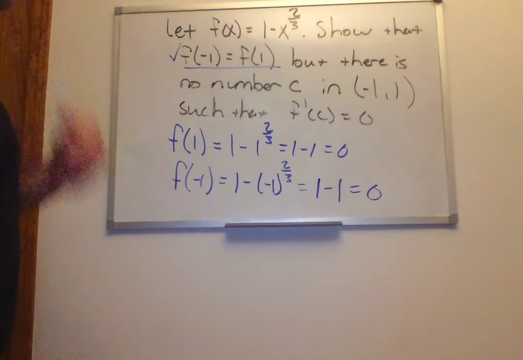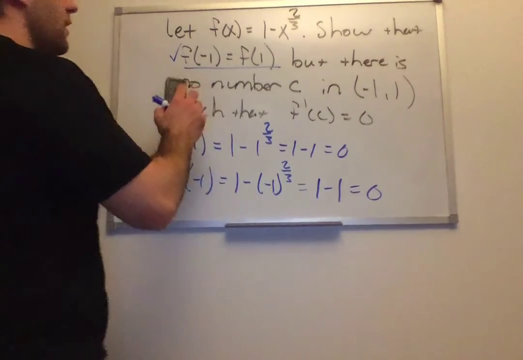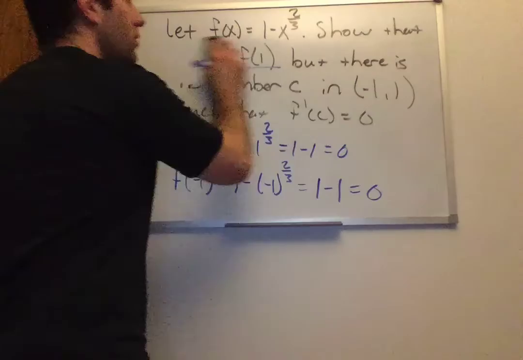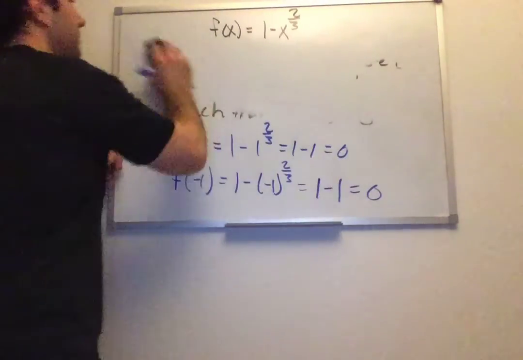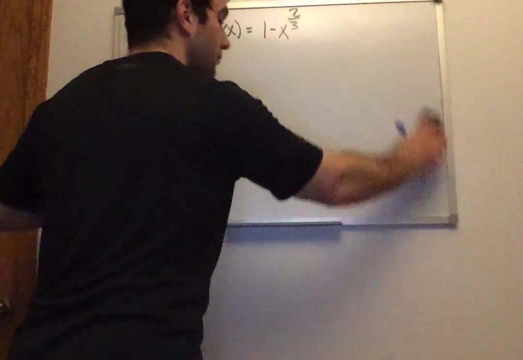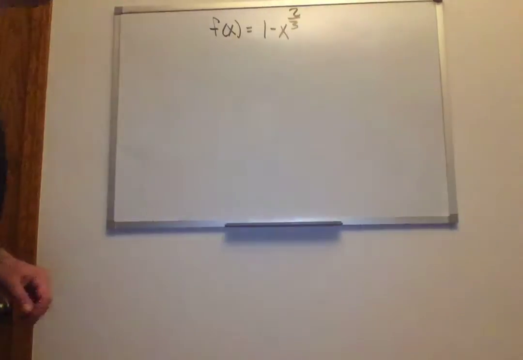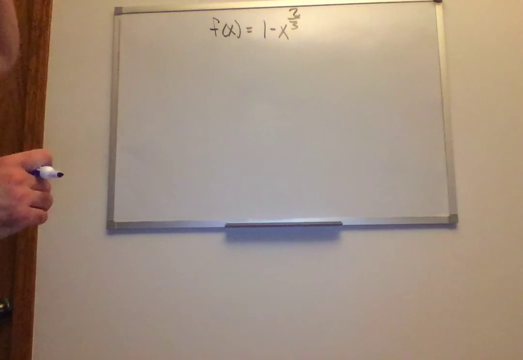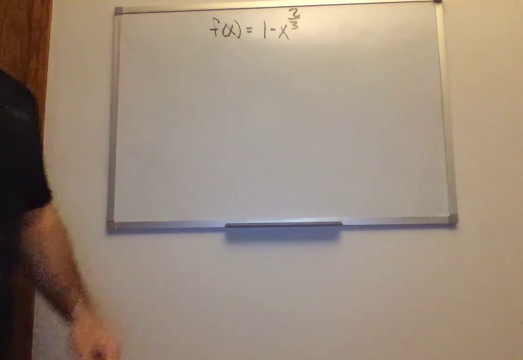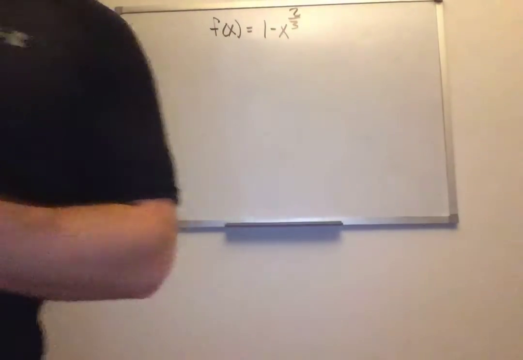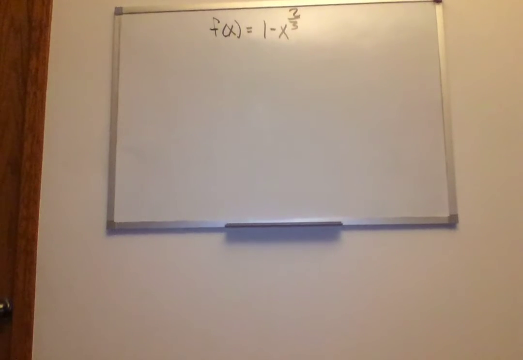Okay, so let me go ahead and erase this. Let me keep the function up here though. Alright, so this function right here, it is continuous on its domain. I have my calculator somewhere. Oh, here it is.